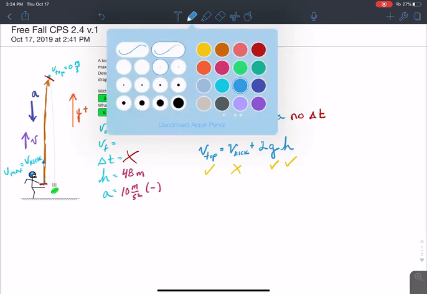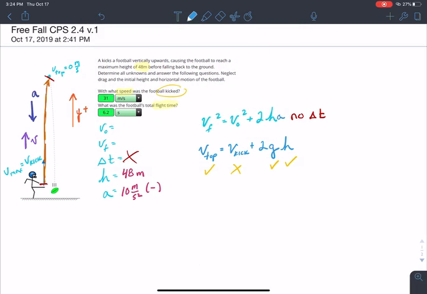We'll pick that same color. We'll say v top is going to be 0 squared equals v kick, that's what we're solving for. So v kick squared plus 2 times gravity, which for us is 10 meters per second squared, multiplied by our displacement, which is a positive 48 meters in the up direction.